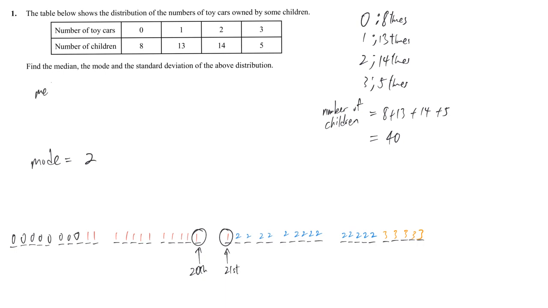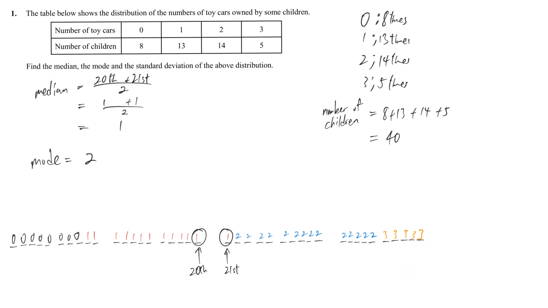So for the median, among 40 data, we take the 20th data plus the 21st data, because we can't find the exact middle one. So we are talking about 1 plus 1 divided by 2, which is 1. Of course, if you get used to this, it's not a must to list out like this, but it is definitely one choice. Maybe a little more time consuming, but you're 100% sure what you're doing.